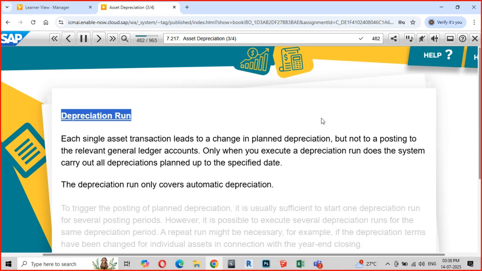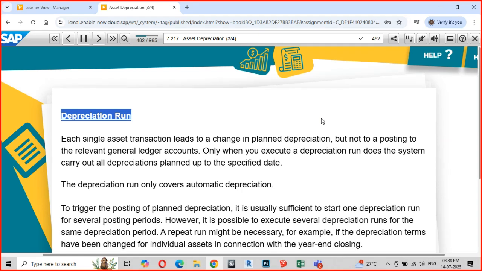This depreciation run is typical to your asset accounting, where you are carrying out the depreciation function for all of the assets which your company owns. It could be your real estate, your buildings, your plant and machinery, your computers, laptops, your vehicles.